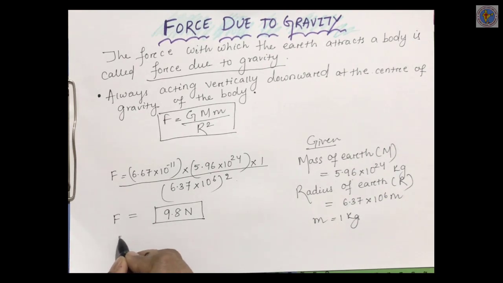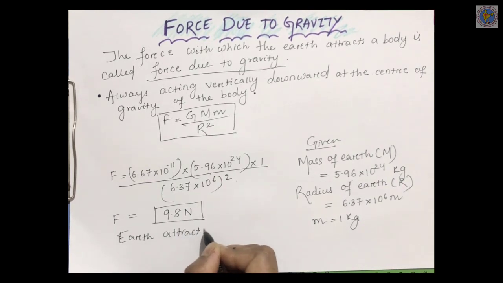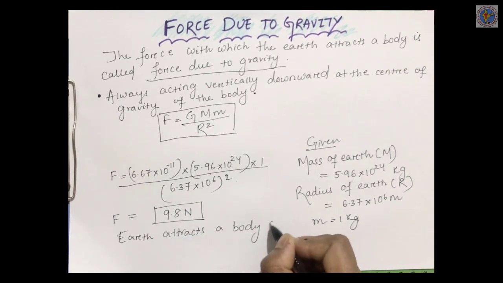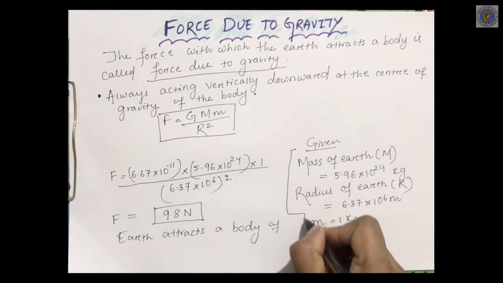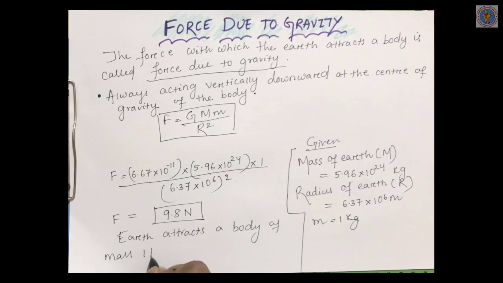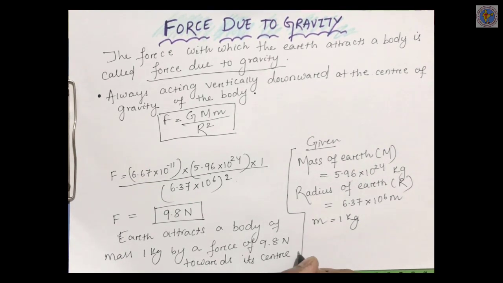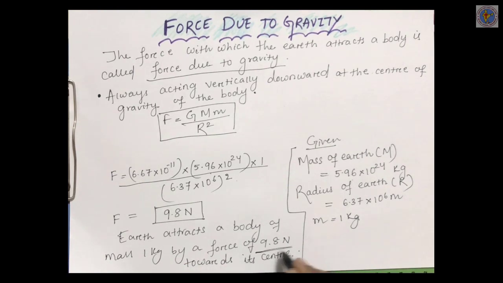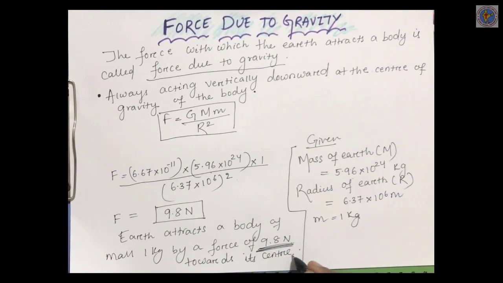We can say that the earth attracts a body of mass 1 kg by a force of 9.8 Newton towards its center.